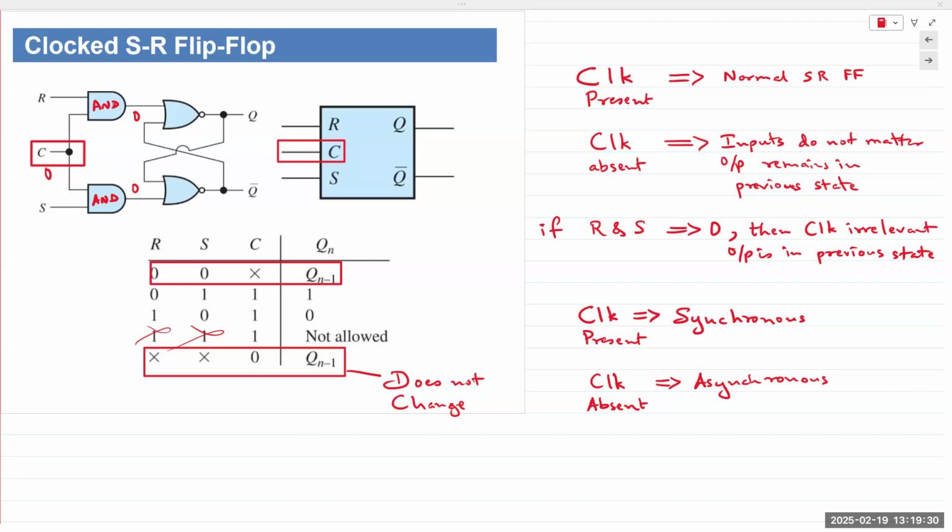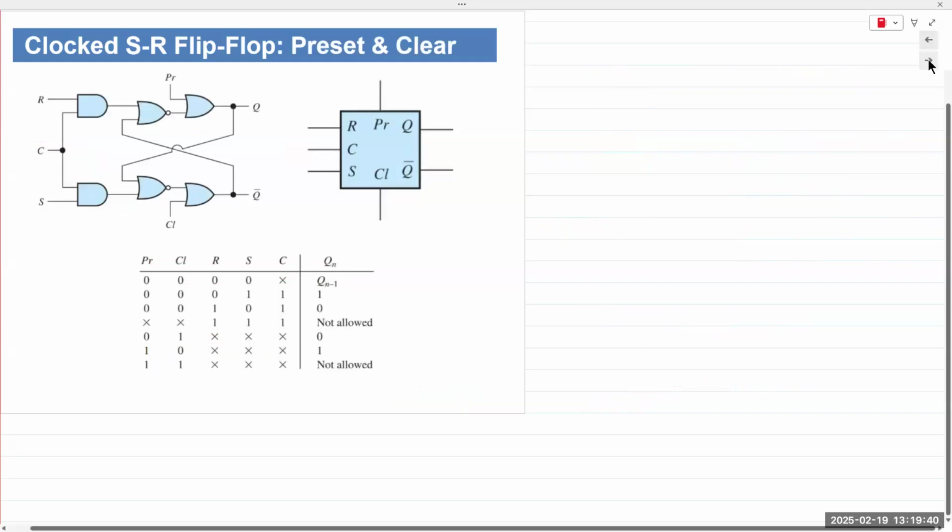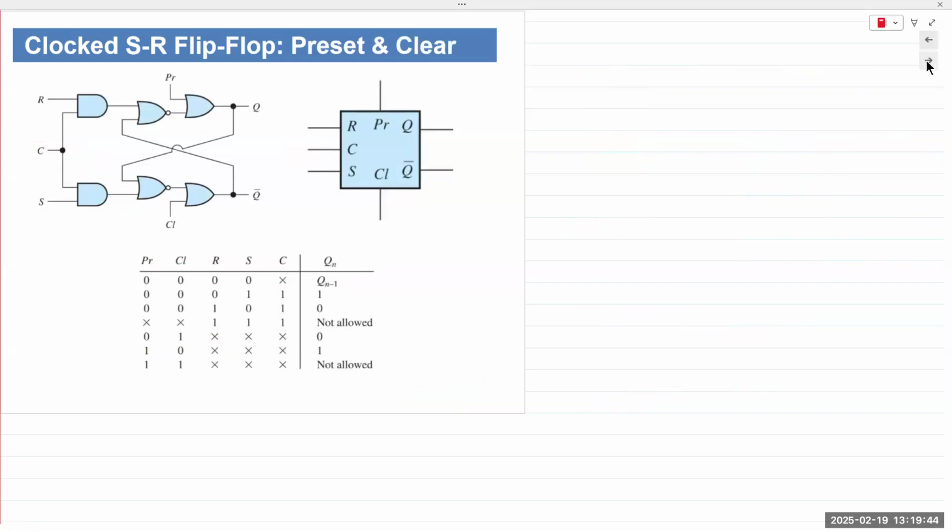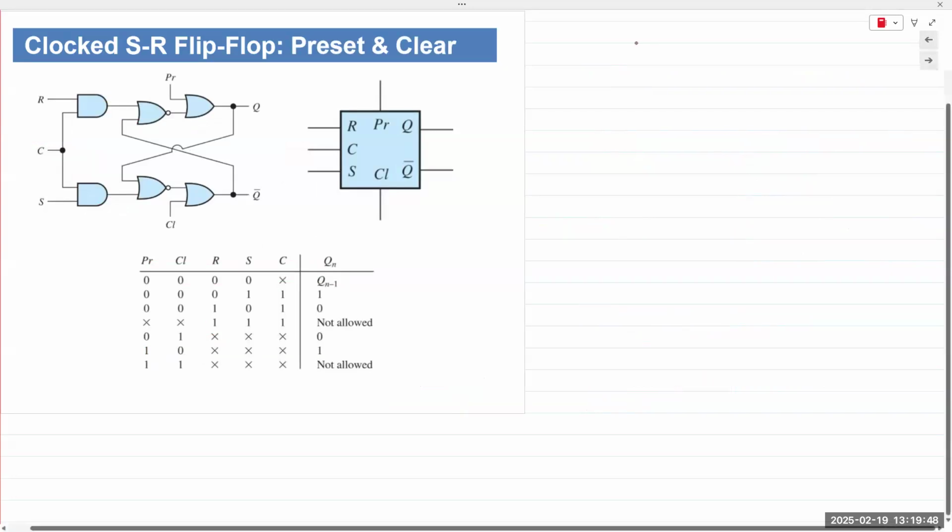So then let's look at two more inputs here. Those are known as preset and clear.